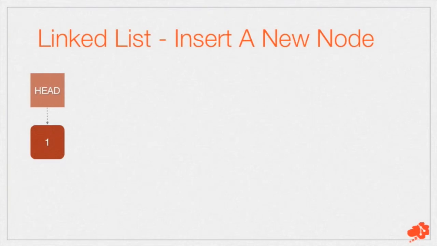There's another way to grow a linked list, which is inserting a new node at the beginning. Let's see how that looks. So here I have node 2 that I would like to insert at the beginning of the linked list. So again, we start with the head.